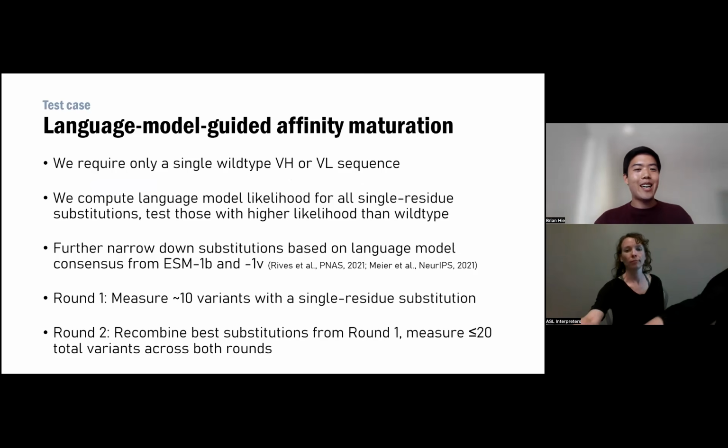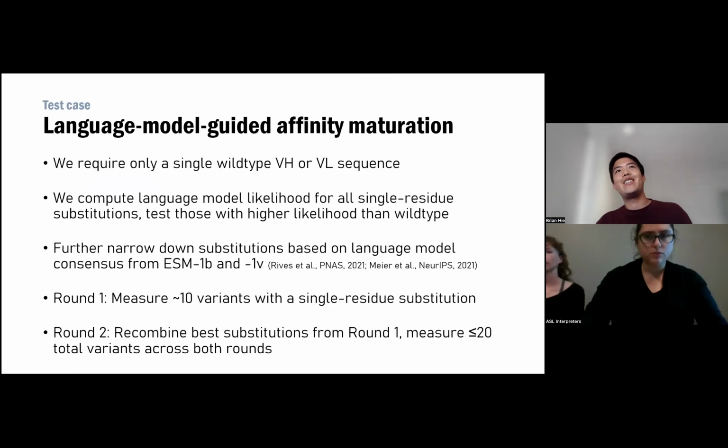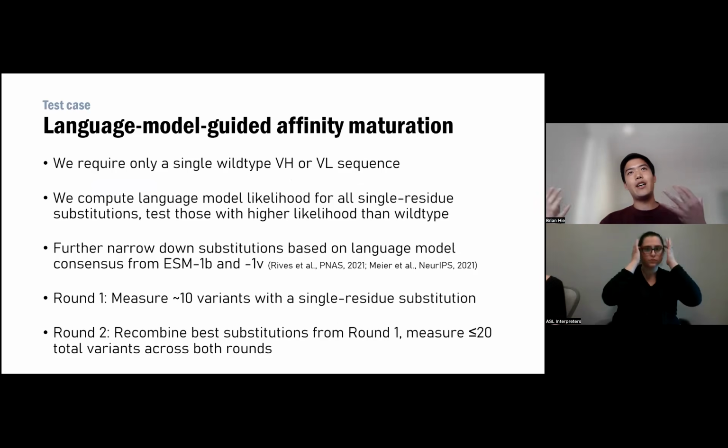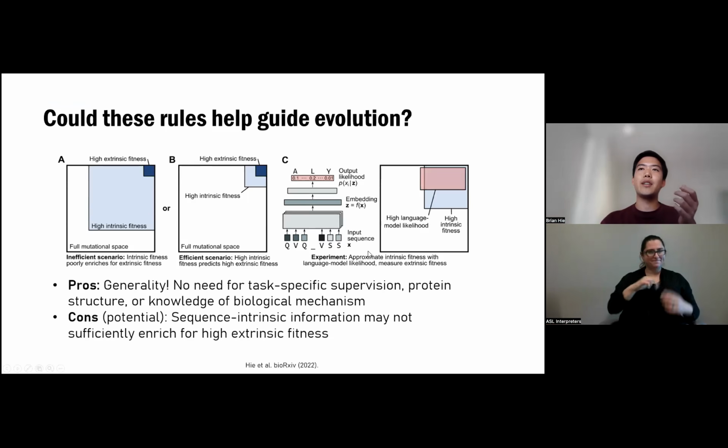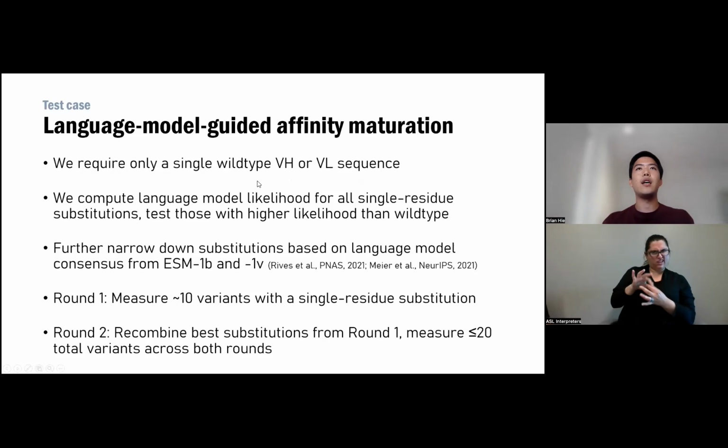So, I guess I was maybe naive enough to try this out, and we're actually going to do this experiment where we just measure extrinsic fitness of the highest likelihood language model mutations. And we're doing this in the context of affinity maturation of human antibodies. This is a very common application of directed evolution.